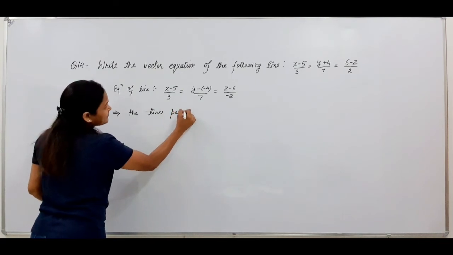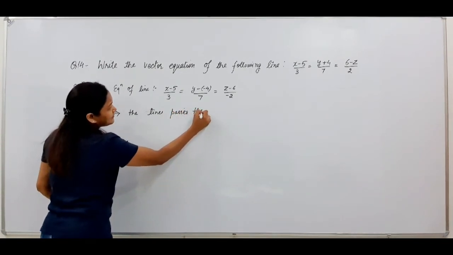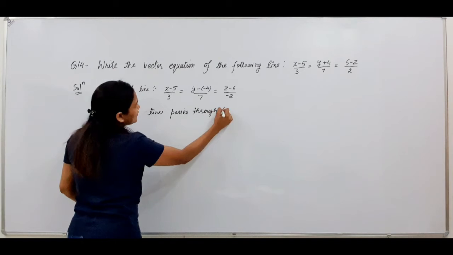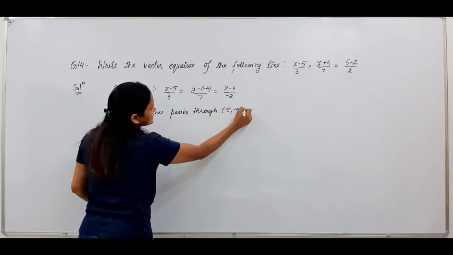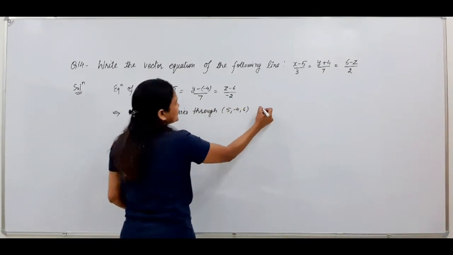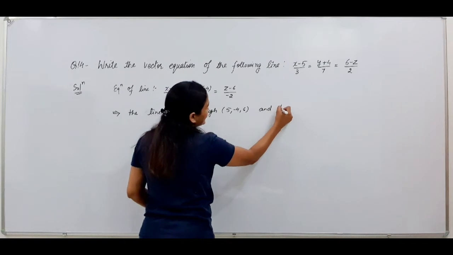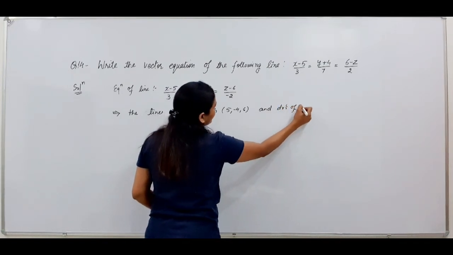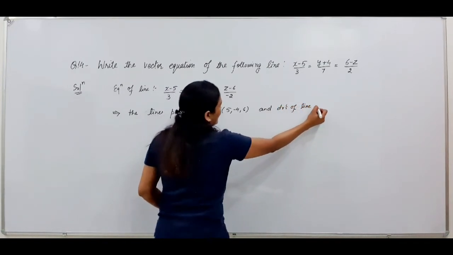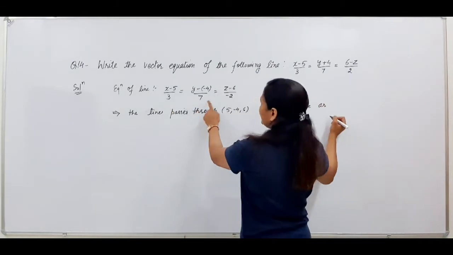So that implies the line passes through 5, minus 4 and 6 and the direction ratios of the line are 3, 7 and -2.